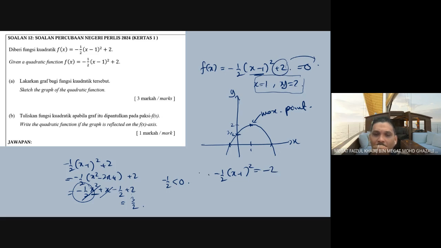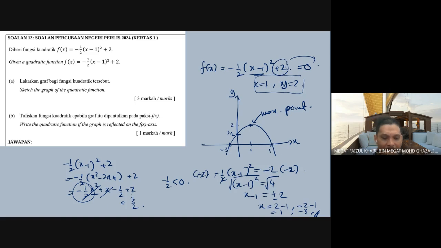Then times negative 2 on both sides, so (x minus 1) squared equal to 4. Then square root left and right gives plus minus 2, so x equal to 2 plus 1 or negative 2 plus 1.